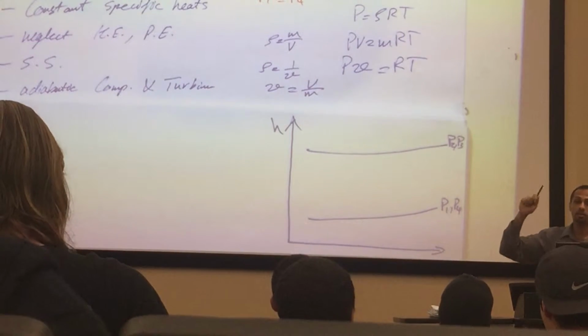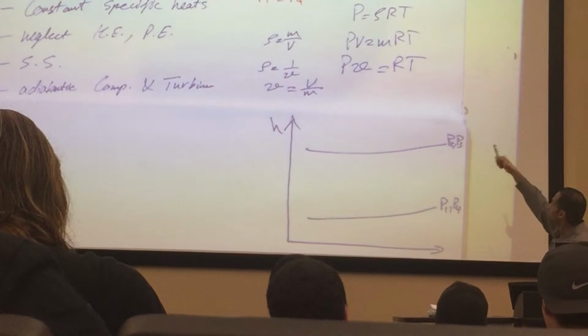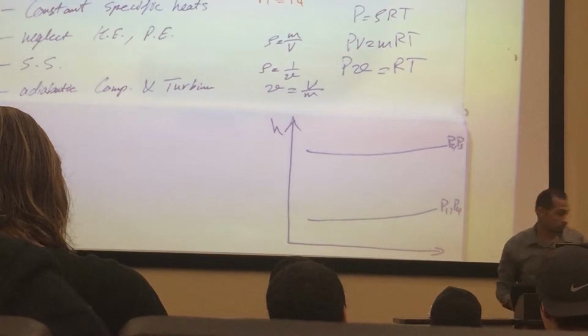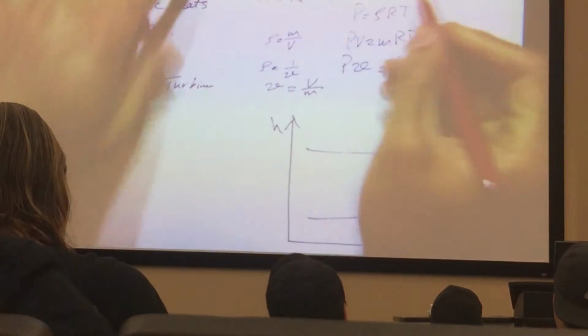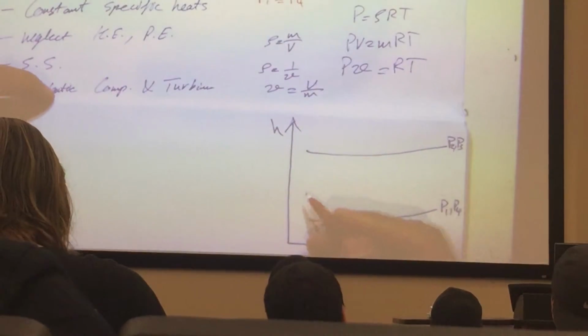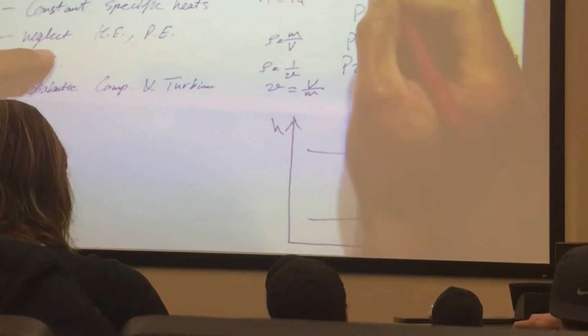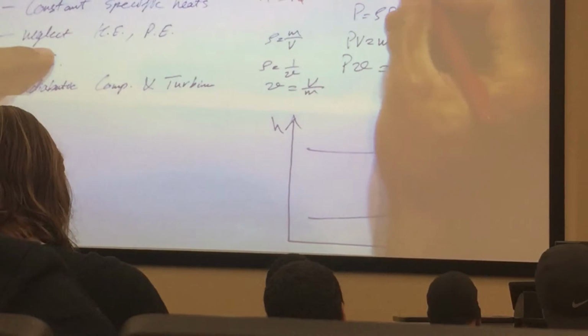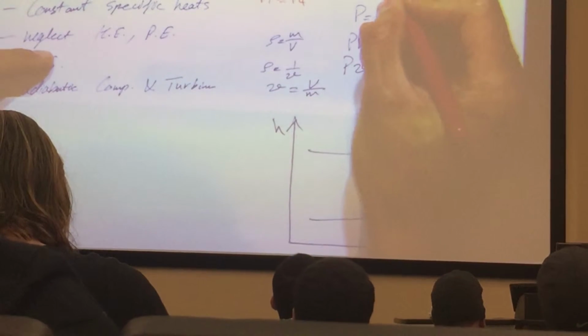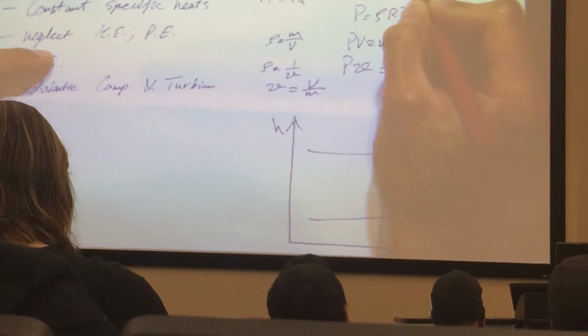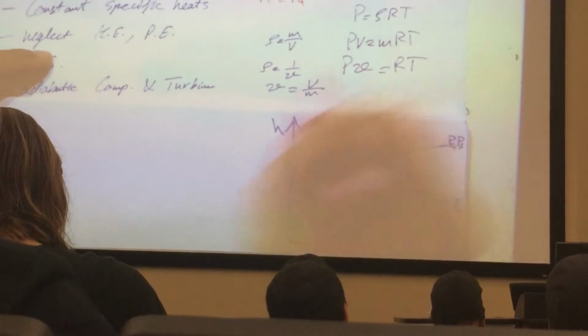But what your colleague's saying is, if I am assuming constant pressure between 2 and 3, then if I write the ideal gas law, I'm going to say P2 is equal to rho 2 R T2, and P3 is equal to rho 3 R T3.